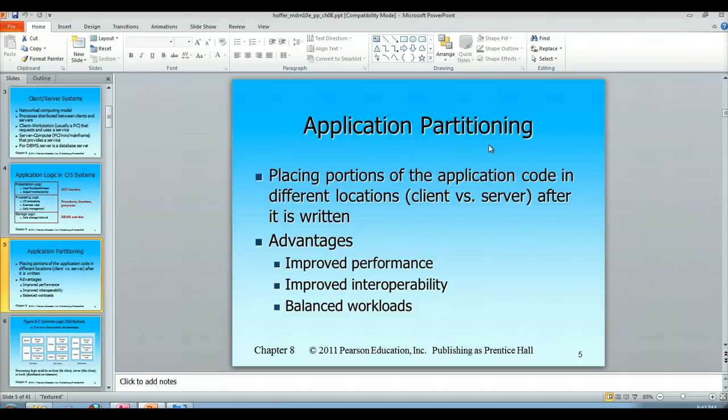The reason you slide it one way or the other is based on performance, improved interoperability, and balanced workloads. Sometimes it makes more sense to put the processing on the front end with the client to reduce network traffic. Other times it's better to put everything on the back end and let the servers handle all that.